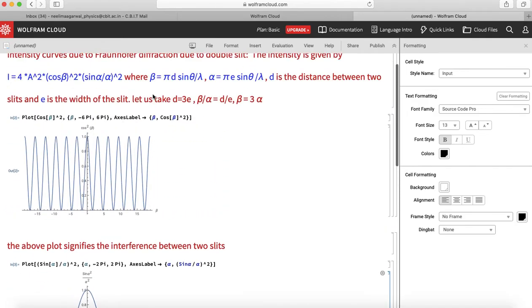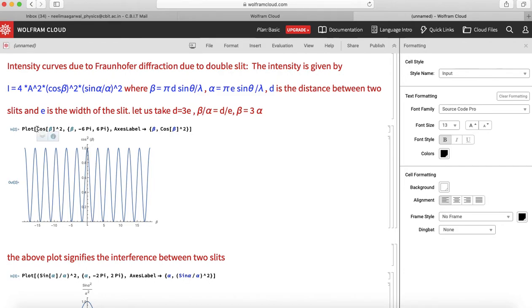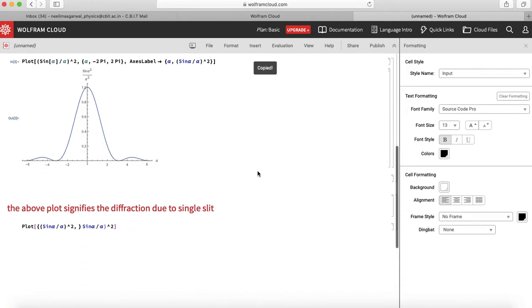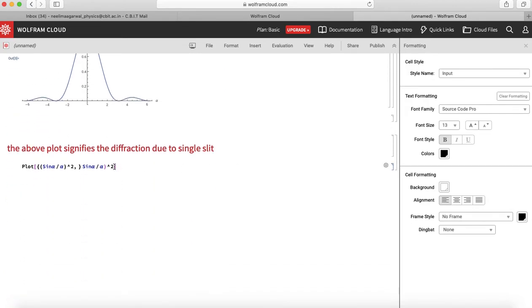And I need cos square beta, so I will copy it and type it here. So these two functions I need to plot.